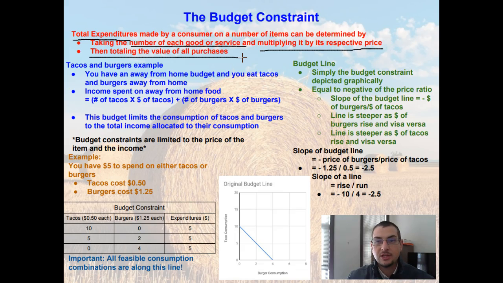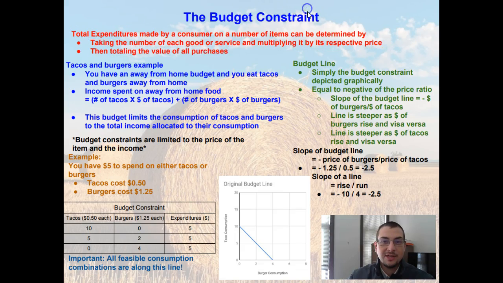We got 2 folders at $0.25 a piece, that's 50 cents spent on folders, so we're up to $2.50. And then we bought this package of oranges for another $2.50. So we spent a grand total of $5, and that would be our total expenditures right then and there at Walmart. So total expenditures is basically a formalized way of saying how much money did you spend.